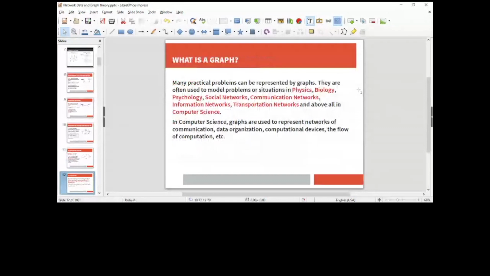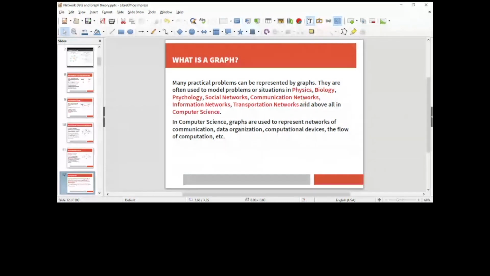Like I said, this is a problem-solving tool that has been used to model problems and situations in physics, biology, psychology, social networks, communication, information networks, transportation networks, computer science, even your electricity networks.